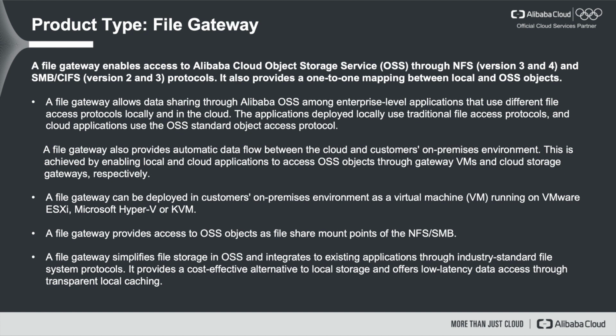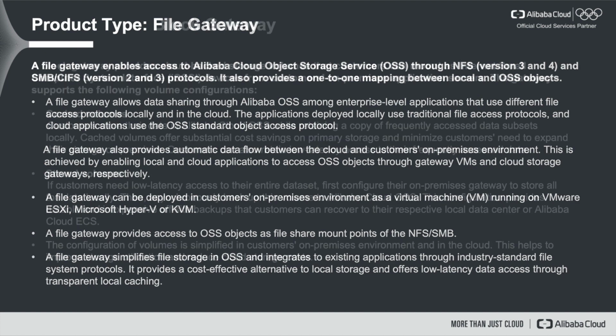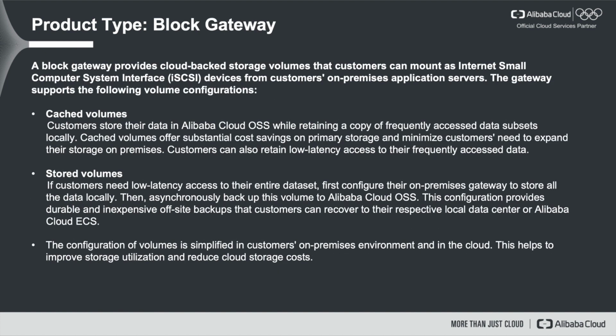A file gateway provides access to OSS objects as file share mount points of the NFS or SMB. A block gateway provides cloud-backed storage volumes that customers can mount with iSCSI protocol. We support the following volume configurations: cached or stored volumes.